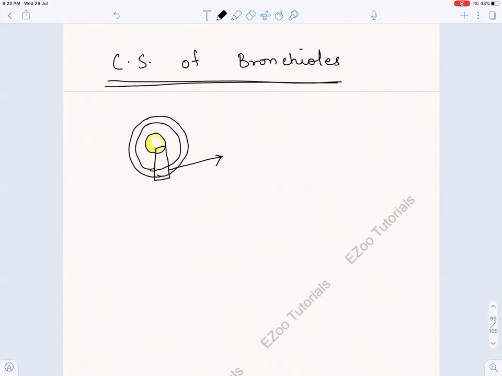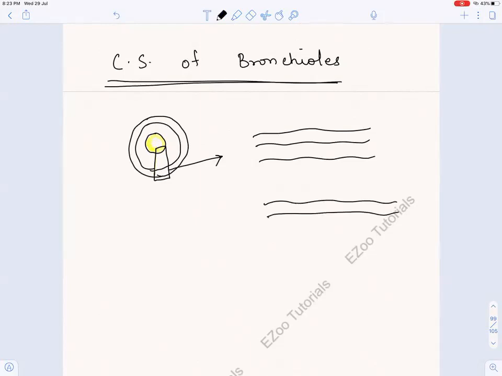Okay, so these are the layers. We will study these layers also in detail, not in respiration, but in different chapters.